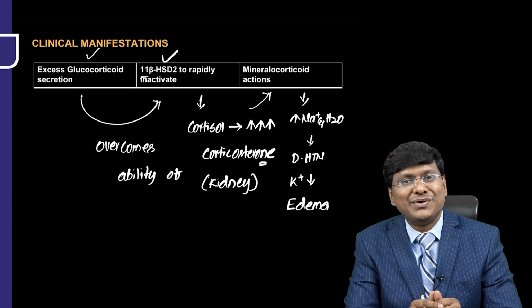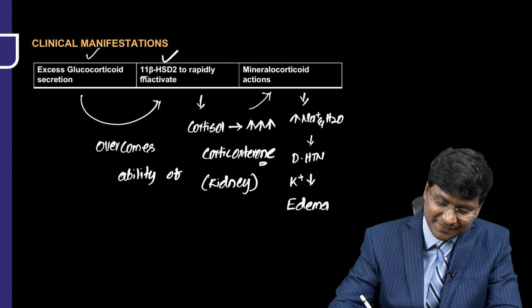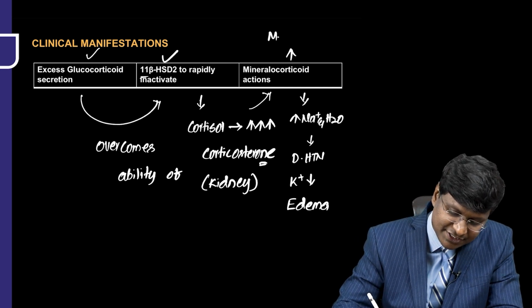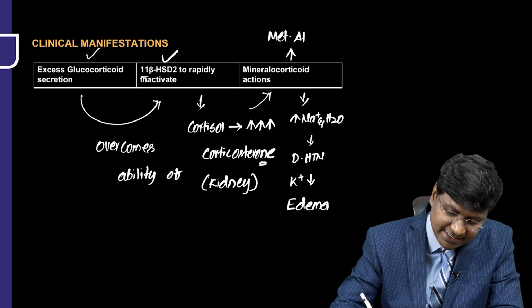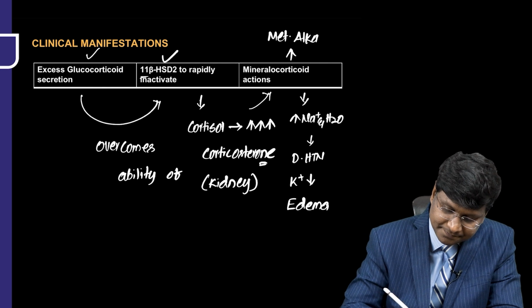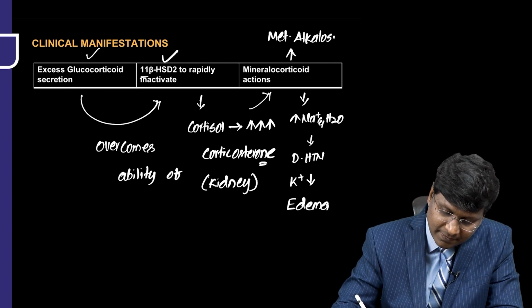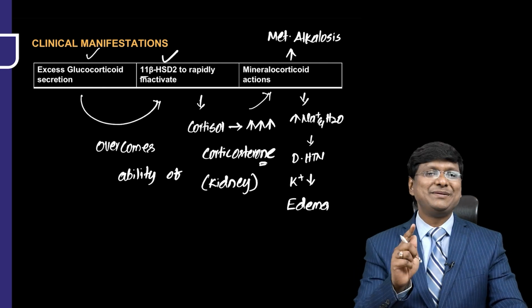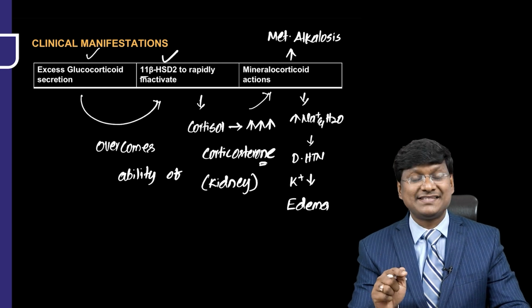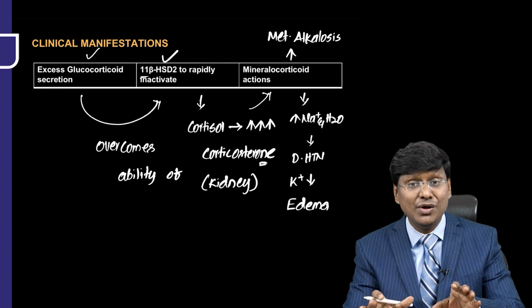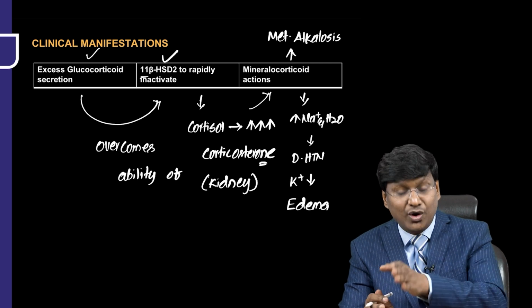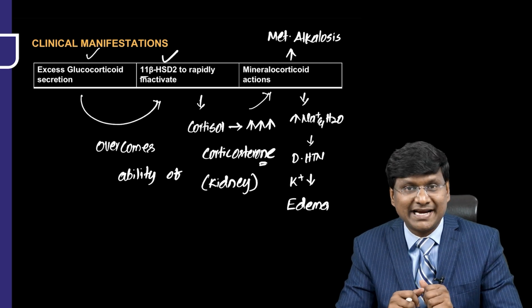There is also excessive H plus ion excretion, and that will result in metabolic alkalosis. Okay, so these will be the manifestations because of excessive mineralocorticoid action. So in patients with Cushing's, they also have mineralocorticoid activity.